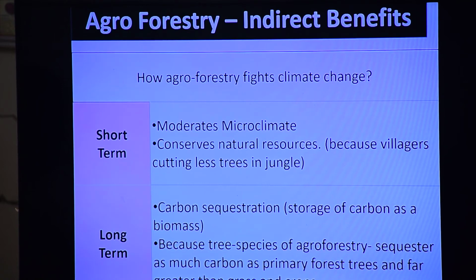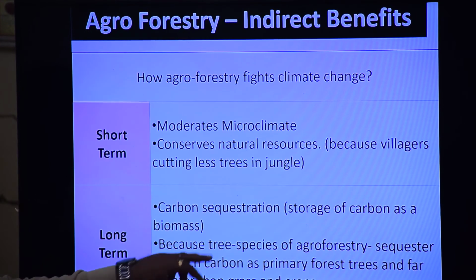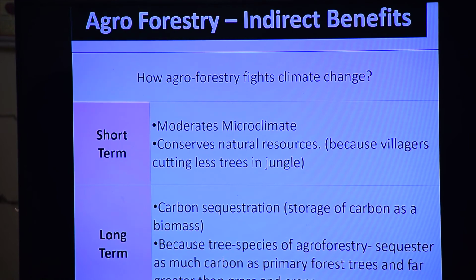It will reduce greenhouse gases and the impact of global warming. Another thing I said is that the tree species of agroforestry sequester as much carbon as primary forest trees and far greater than grasses and crops. So agroforestry does much more than the others. In the long term, it will help in mitigating the macroclimate impact. Yes or no? Reducing the climate change impact at the macro level.